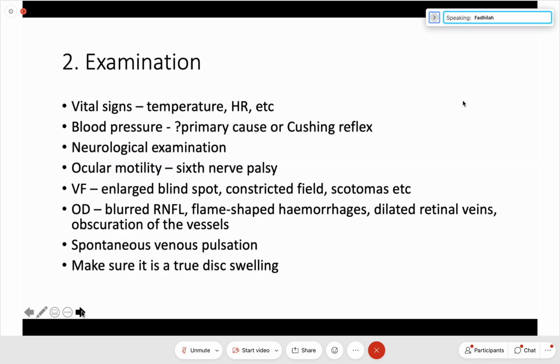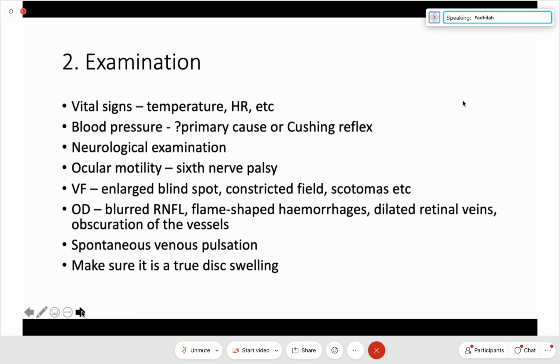Now you continue doing the neurological examination. This is upper and lower limbs as well as cerebellar signs, and then you do ocular motility, very important. Look for false localizing sign, whether there is any sixth nerve palsy. And then visual field defects, look for enlarged blind spot, constricted field, scotomas. You should do a confrontational visual field first, followed by either kinetic or static visual field machines.